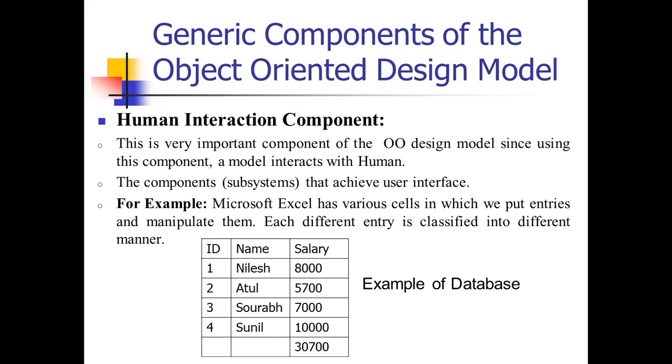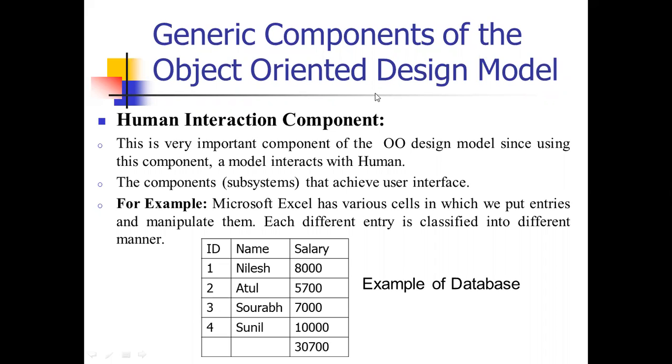Here you can see an example for this. Consider Microsoft Excel, which has various cells where we put entries and manipulate them. Here you can see three columns: ID, name, and salary.